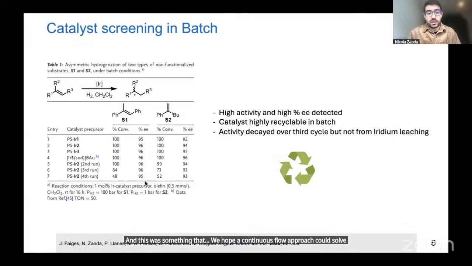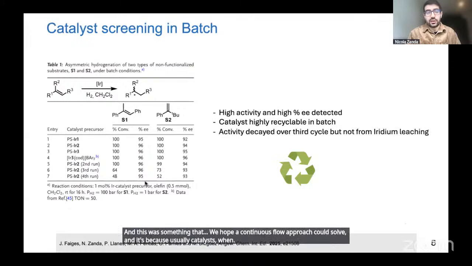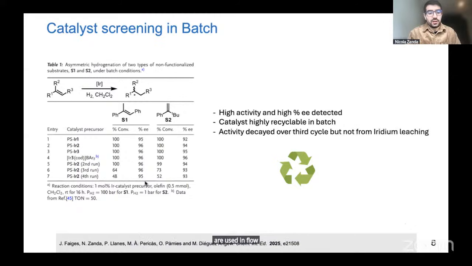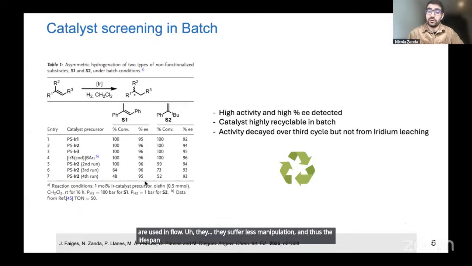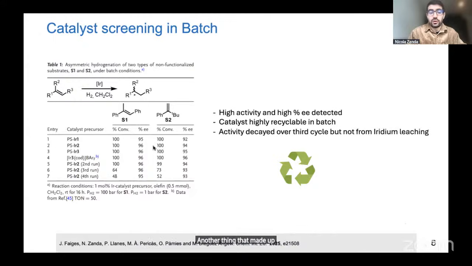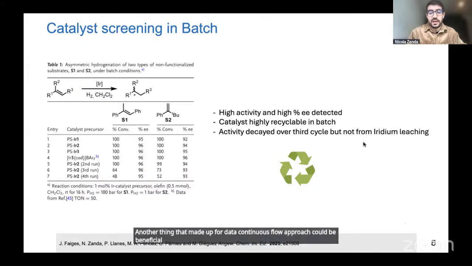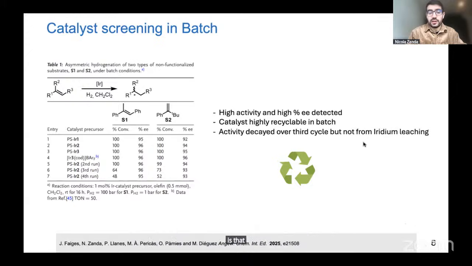And this is because usually catalysts, when used in flow, suffer less manipulation, and thus the lifespan of the catalyst is increased. Another thing that made us think that a continuous flow approach could be beneficial in this case is that no iridium leaching was observed from the resin, and this might mean that we were probably just losing the ligand from the catalyst in the resin.